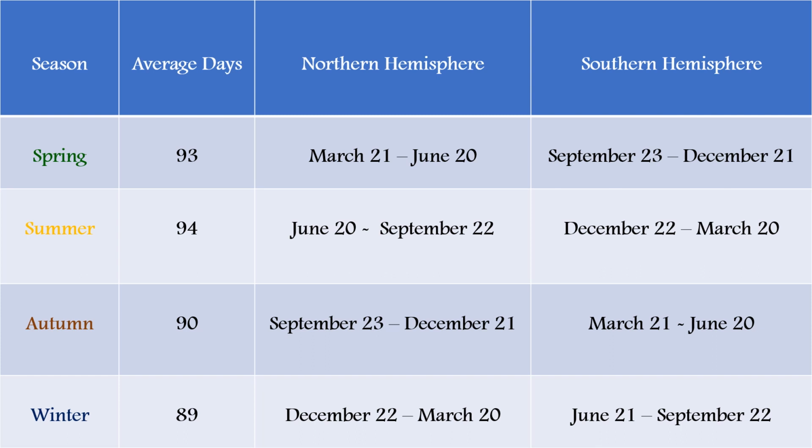Yes, unfortunately. Sorry to throw that monkey wrench in all of that, but yes, we do not celebrate all of summer for the 94 days. I'm sorry. Now in the southern hemisphere, summer starts on December 22nd and it goes up to March 20.